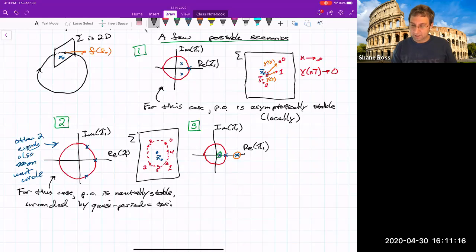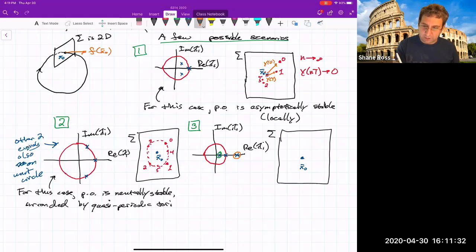So you've got a saddle-type periodic orbit. So here's the periodic orbit, or the fixed point. And I'll show you what happens to some initial condition. I have an initial condition up here, let's say.